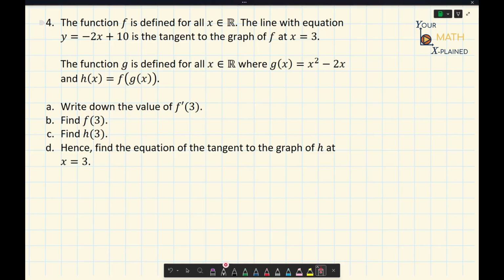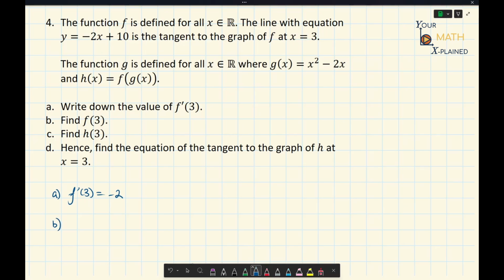And we find the slope by taking the derivative. So therefore, the slope of the tangent line at x is equal to 3 is f prime of 3, which means because our tangent line has a slope of -2, that means f prime of 3 here is equal to -2.